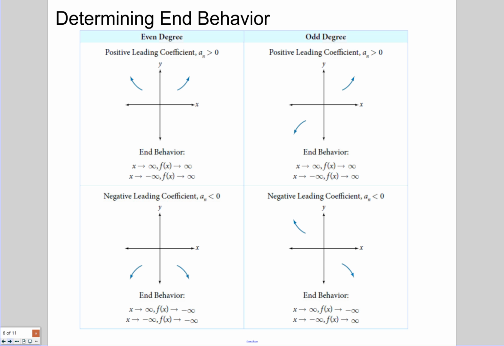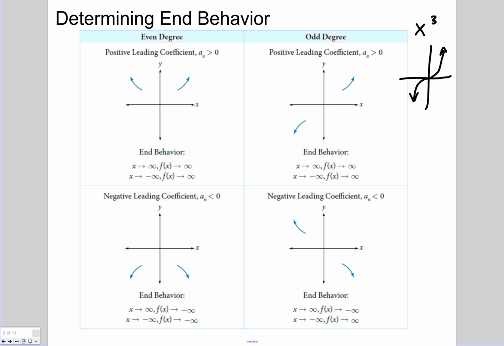So if it's an odd degree, they're going to go in opposite directions. That's why if you think about x cubed, when we draw x cubed, it goes like this. Do you see how one is going up and one is going down? So whenever you have an odd numbered degree, it should be opposite.